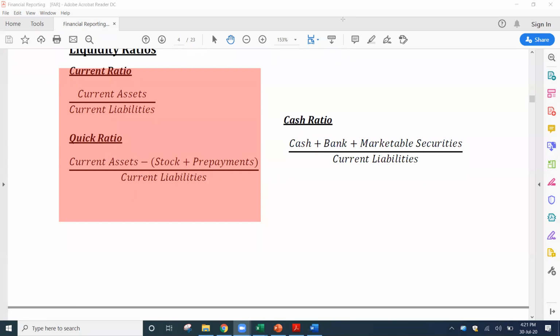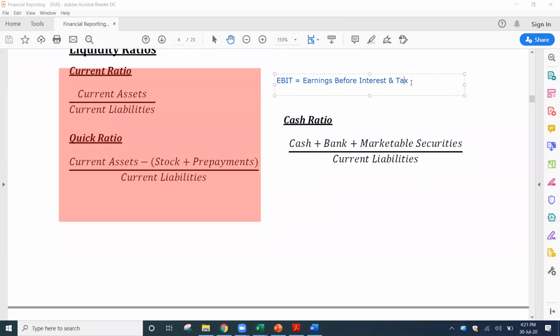There's a question: what is named as the EBIT ratio? EBIT means earnings before interest and tax. Write this down, guys.